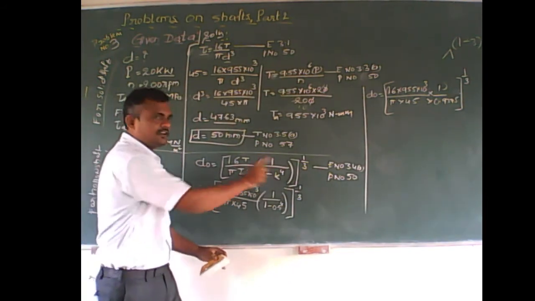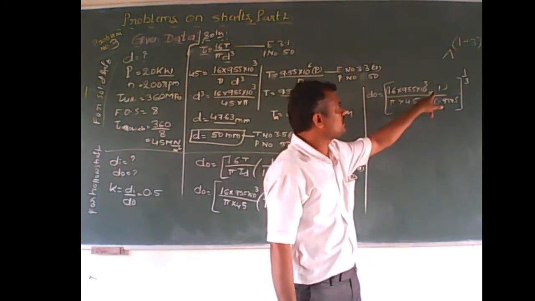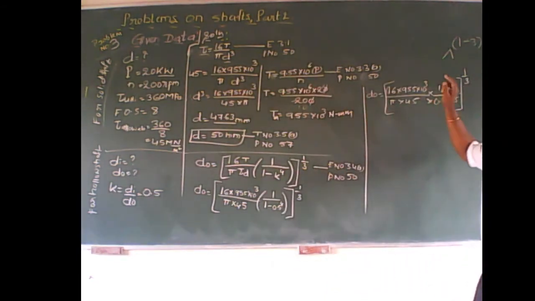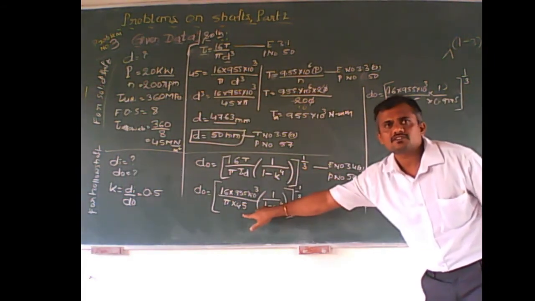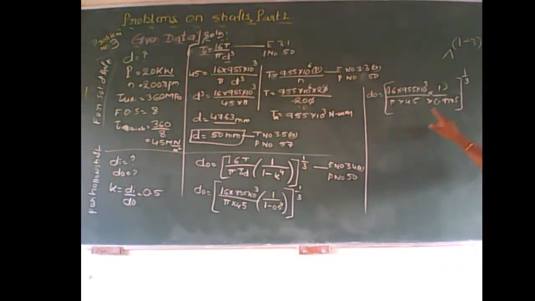So in the next step, write 16 into 955 into 10 raised to 3 into 1 is there, correct? And pi into 45 is the same as the previous step, multiplied by 0.9375 instead of this set. Understood?